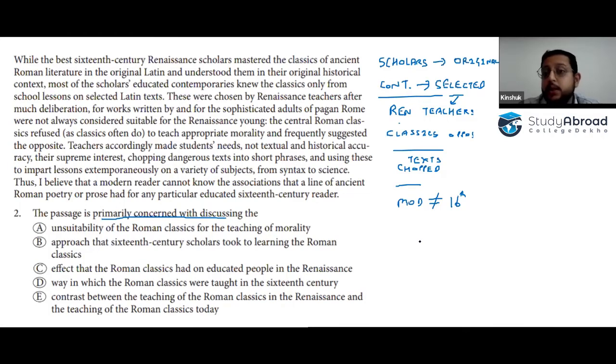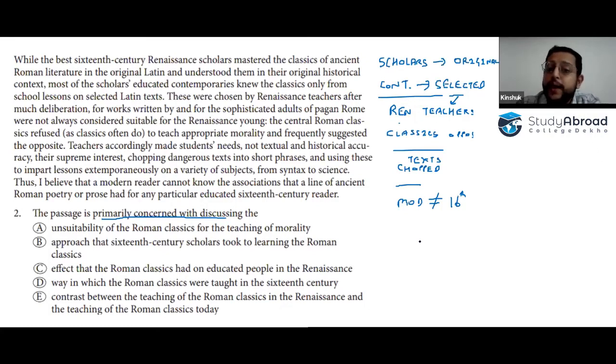Renaissance teachers, they chopped down the text into a very small content to give the student what they need, right? And then finally it says, because of all this, the author believes that moderns cannot associate with a line or a prose of any particular text as an educated 16th century reader could.